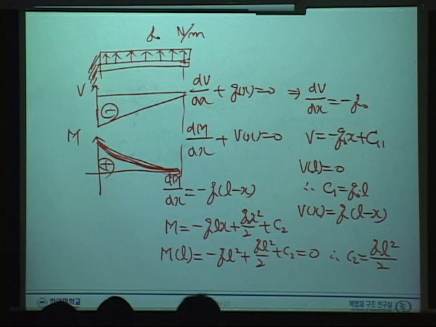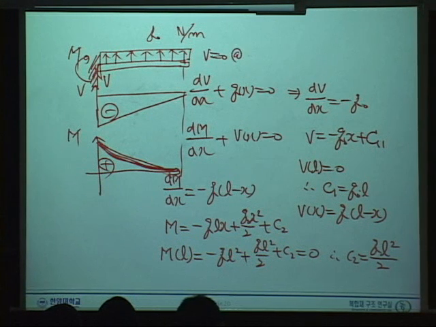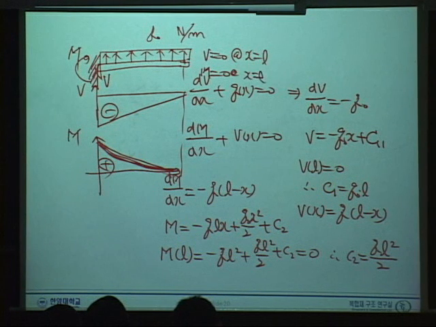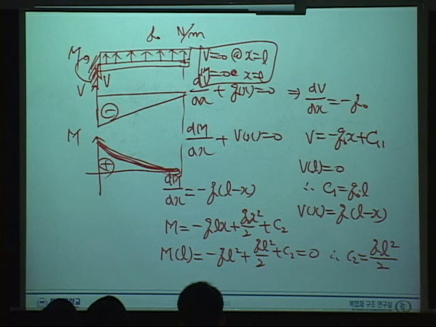There is some unknown V and unknown bending moment, right? But what we know is that shear force is 0 at x equals L, and moment is 0 at x equals L. Those are two conditions we can use to solve this differential equation.